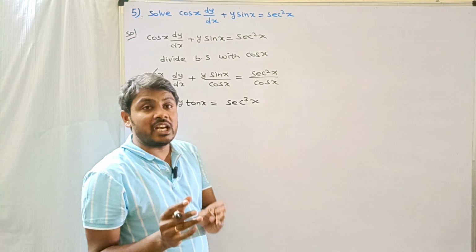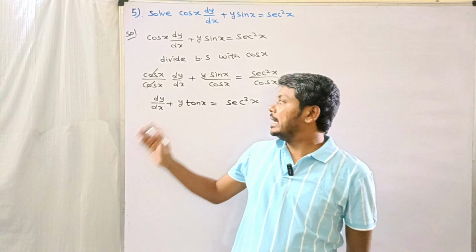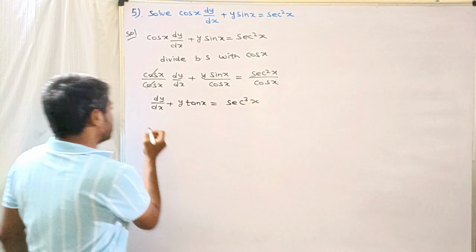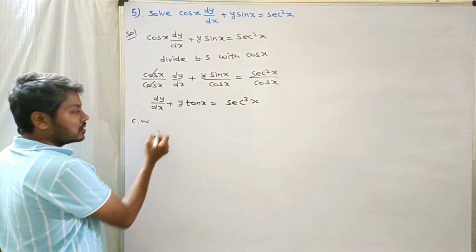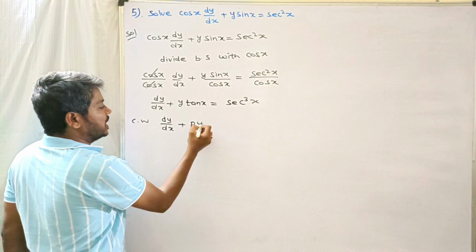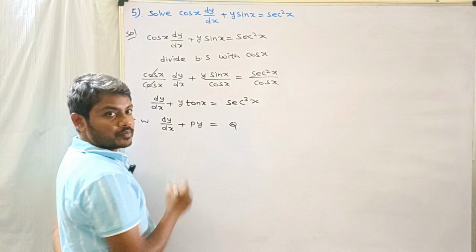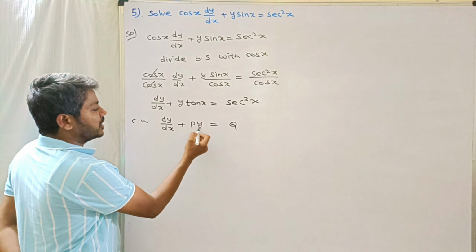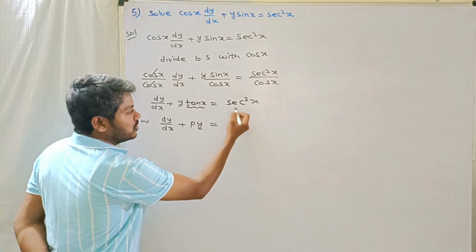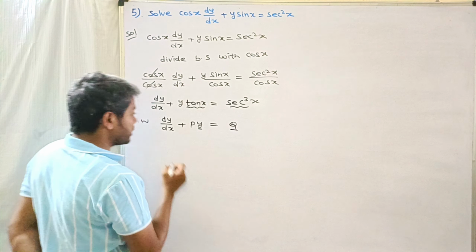Now clearly the given differential equation is converted to a linear differential equation. So comparing with dy by dx plus py equals to q, clearly the coefficient of y is p. P is equals to tan x, and q is equal to secant cube x.